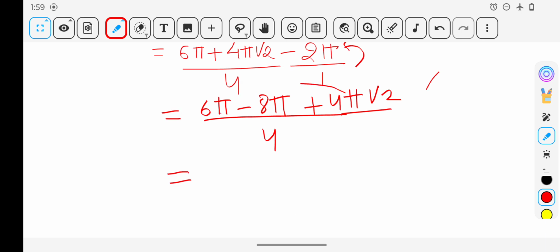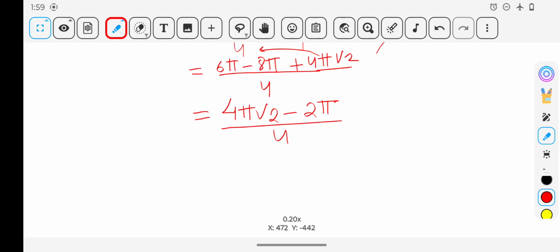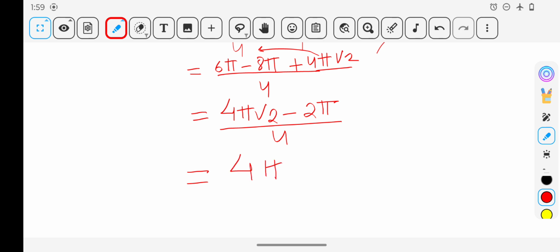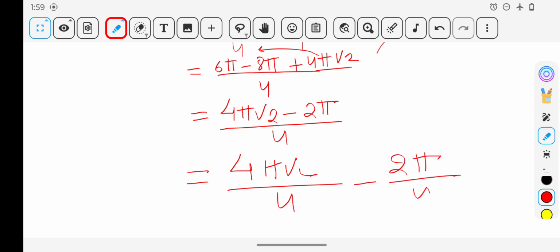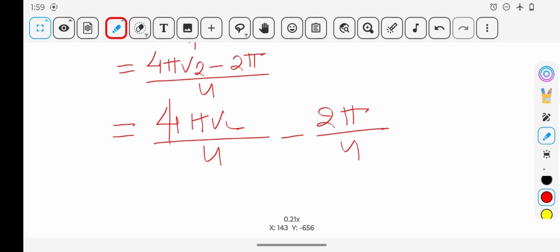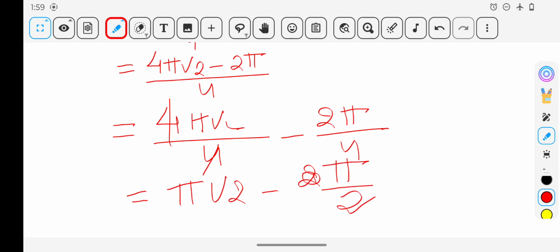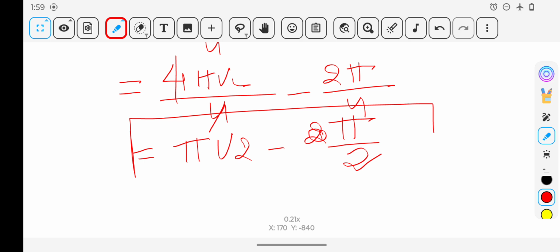So we have 4 pi root 2 minus 2 pi, divided by 4. That equals 4 pi root 2 by 4 minus 2 pi by 4. So that will be pi root 2 minus pi by 2. This will be the final answer, or you can solve it even further.